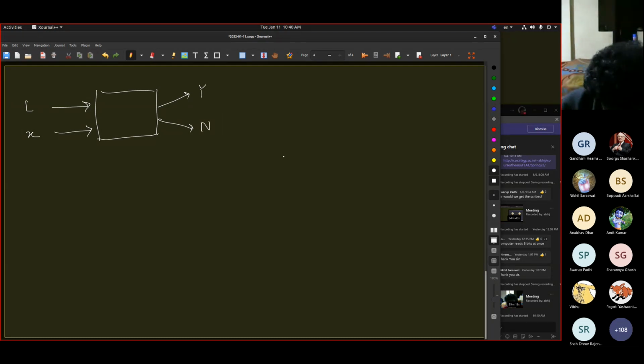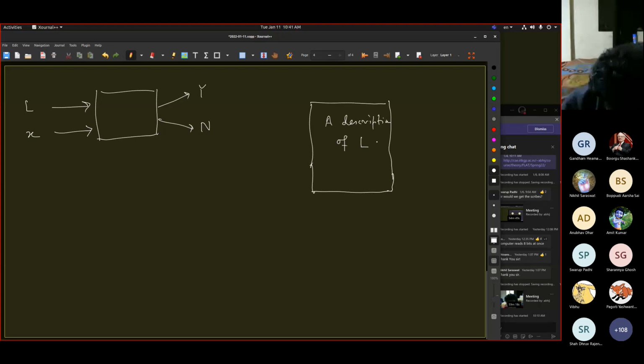But to start with, we will build a set of machines which has in its head or CPU, whatever you call, a kind of description of L. And I will supply X externally to it.